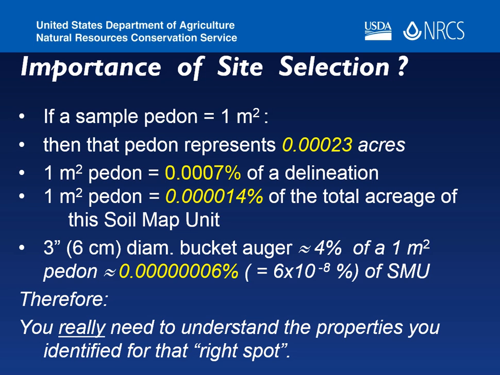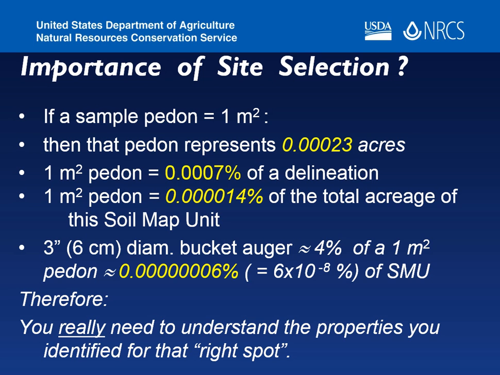Most of the ways that we collect data is we describe a PEDON. The generic sense of a PEDON is it's 1 cubic meter. So let's assume that we've got a surface area of 1 square meter. If we do that, then the assumption is that that equals 0.00023 acres.